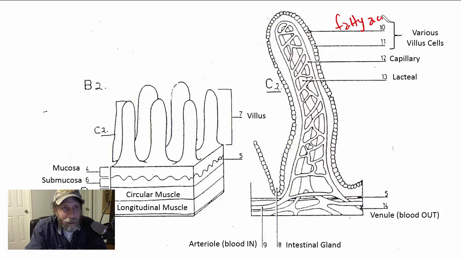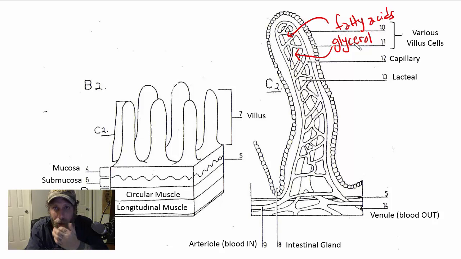Fatty acids and glycerol. These are the breakdown products of triglycerides, or we'll call them fats. They are absorbed into the lacteal. That's that central worm-like structure right in the middle. So fatty acids and glycerol are absorbed into the lacteal of the villus.